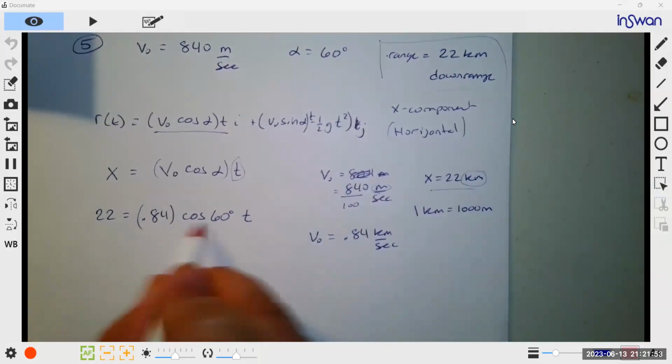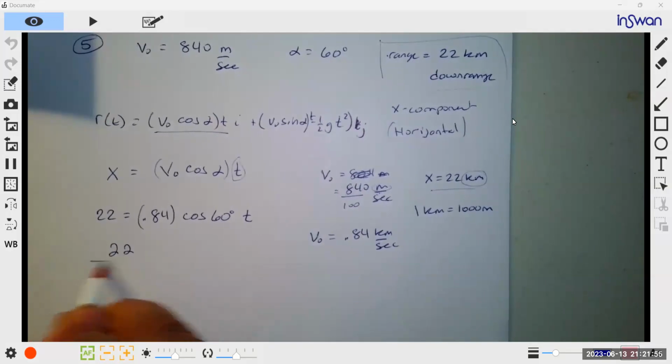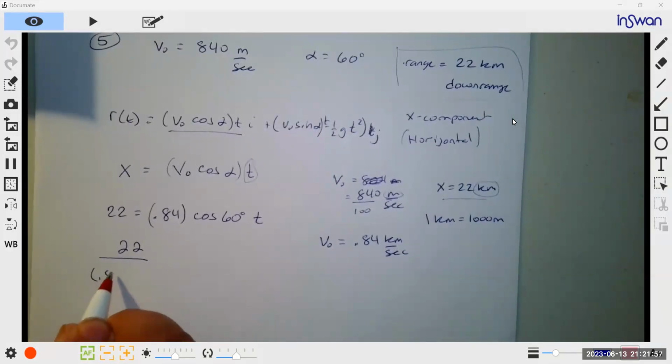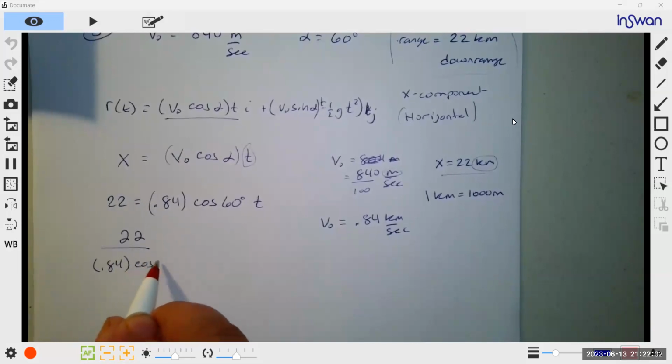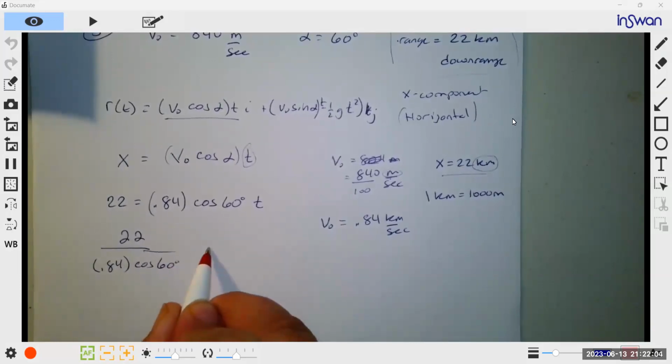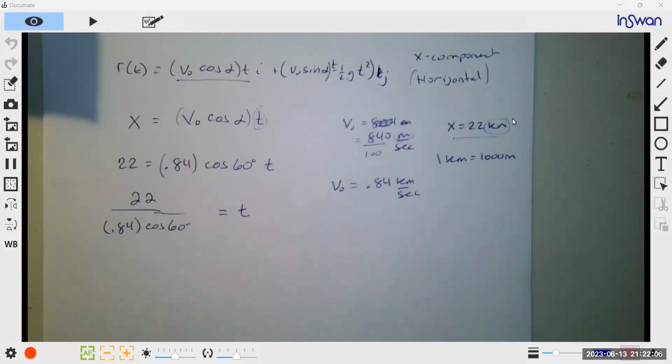So solve for t, divide both sides, so we have 22 divided by 0.84 cosine of 60. That equals the time.